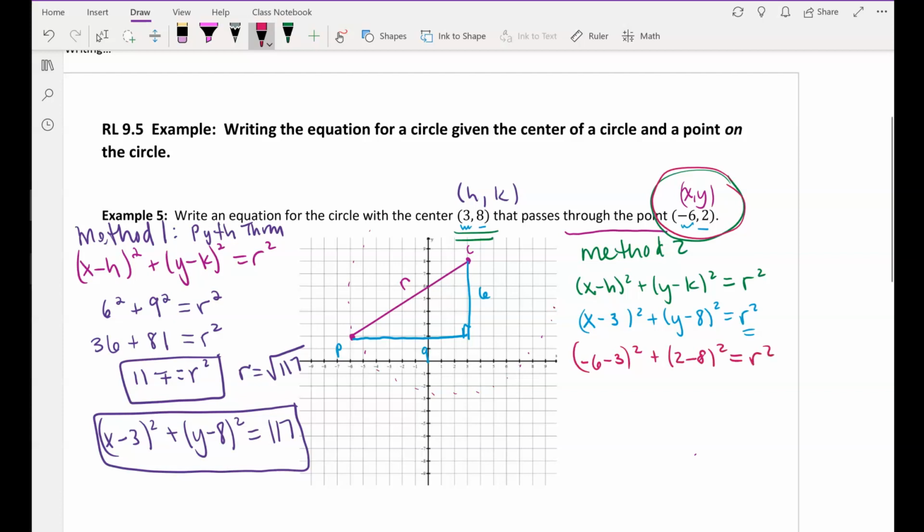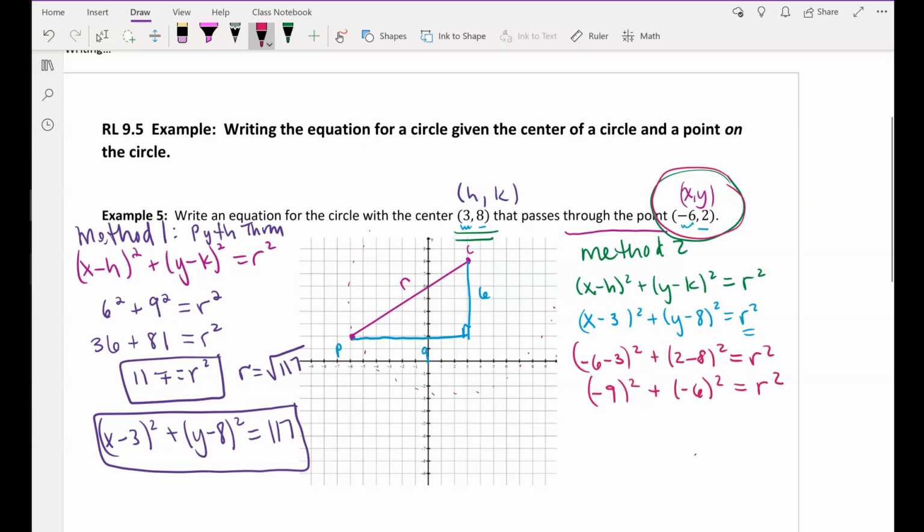That's going to give me the radius squared. So -6 minus 3, or -6 plus -3, is -9. So that gets more negative. It's really important you put that in parentheses. 2 minus 8 is -6. And then we're going to square that to get r squared.